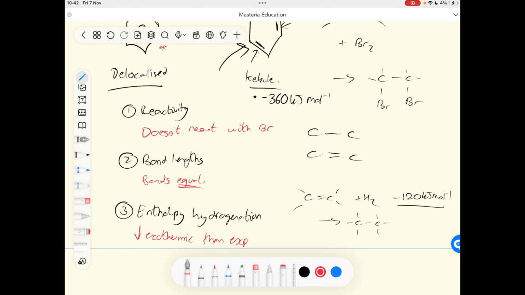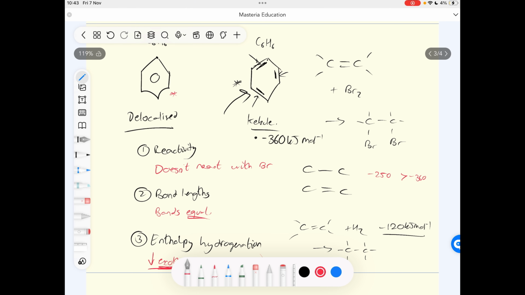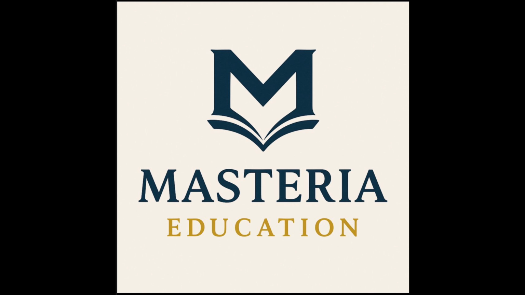And it's quite important to use that wording of less exothermic, because it's not right to say it's less than expected, because minus 250 is actually greater than minus 360. So we can't say in an exam question it's less, we have to say it's less exothermic, okay? So overall, the delocalized model is preferred over Kekulé for these 3 reasons: its reactivity, its bond lengths, and its enthalpy of hydrogenation.